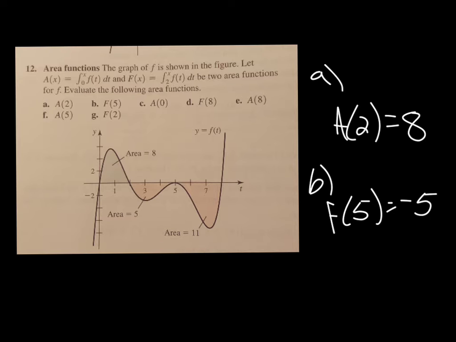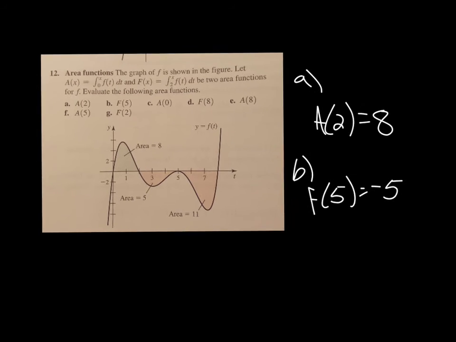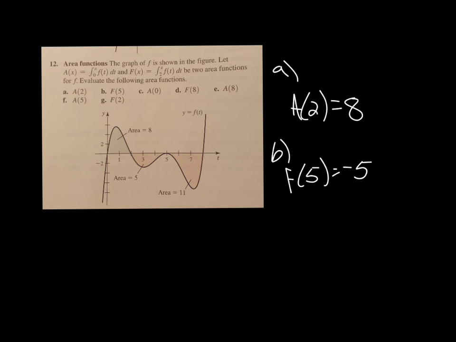Okay, and so we're going to keep going through that. So A of 0 is part C. Right, make sure we start at the right place. Right, the left endpoint of A is already 0. And so since we're evaluating at 0, we're not accumulating any of the area, so then it's going to be 0.